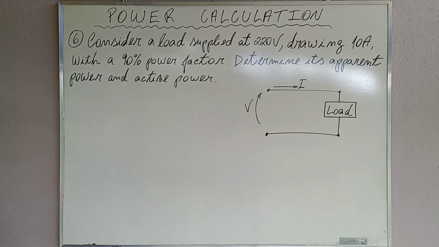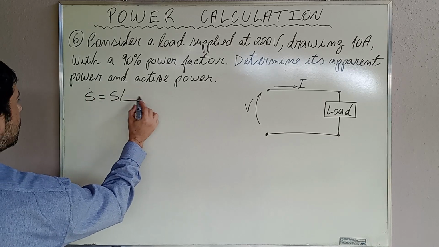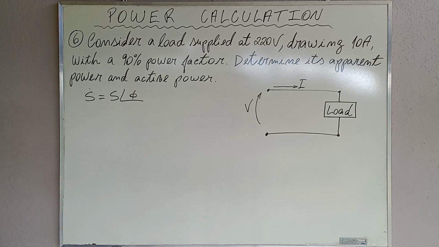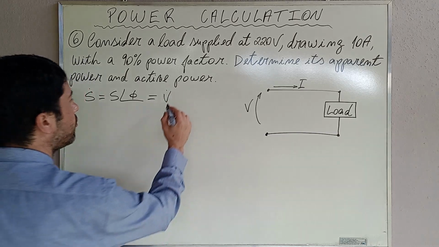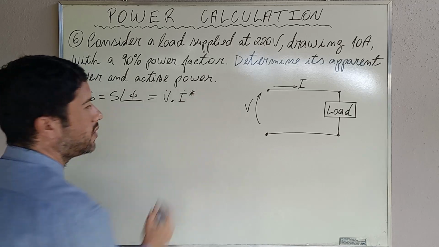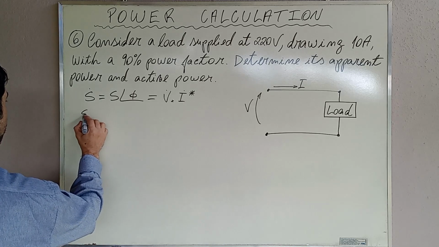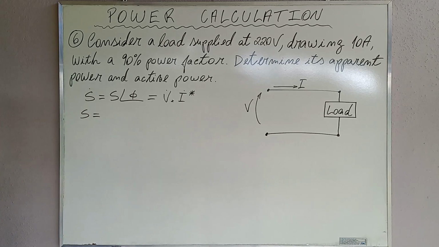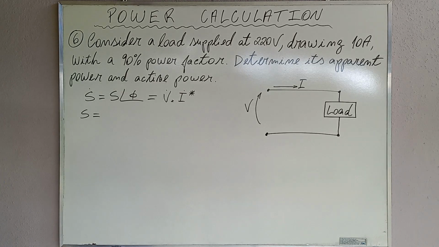The complex power is represented as S, and can be calculated by multiplying the voltage phasor with the complex conjugate of the current phasor. And the apparent power is found by multiplying the magnitudes of these phasors.